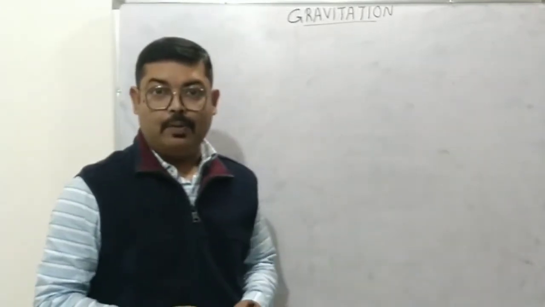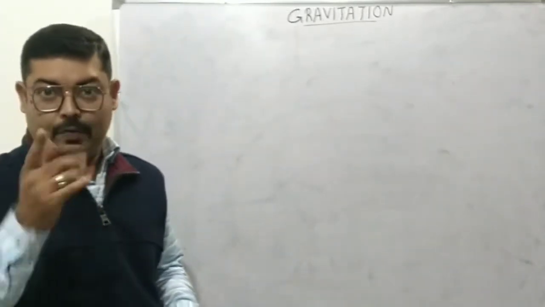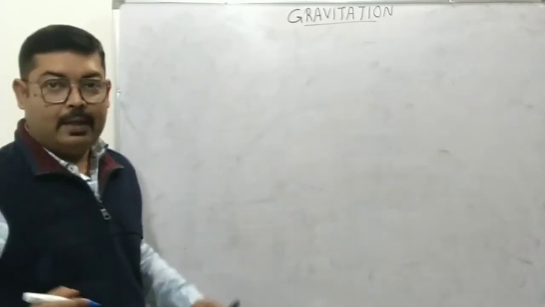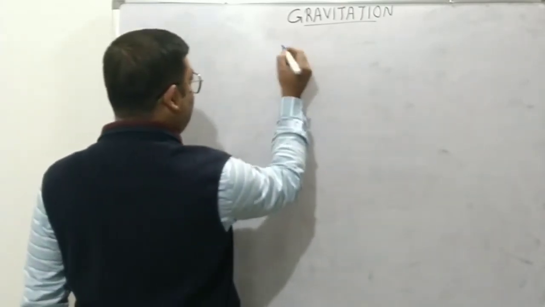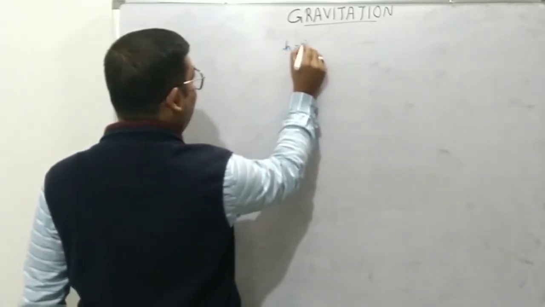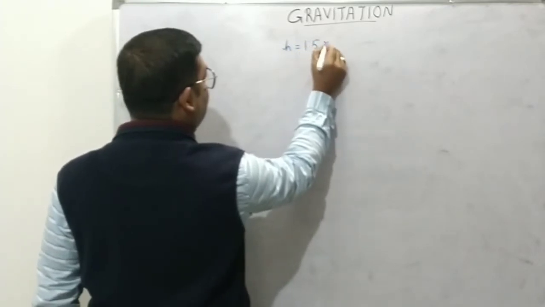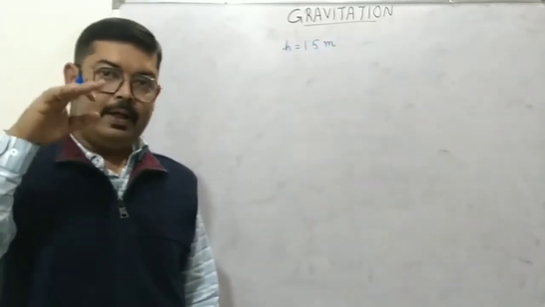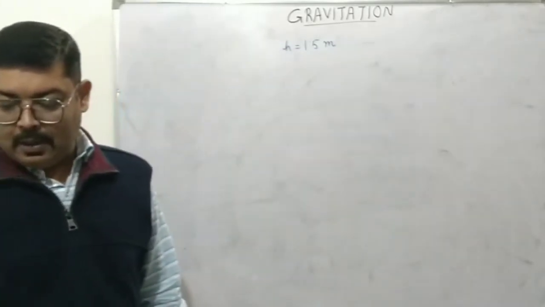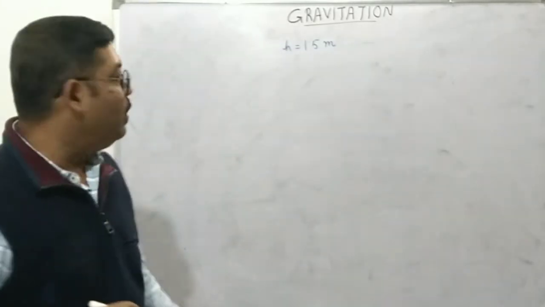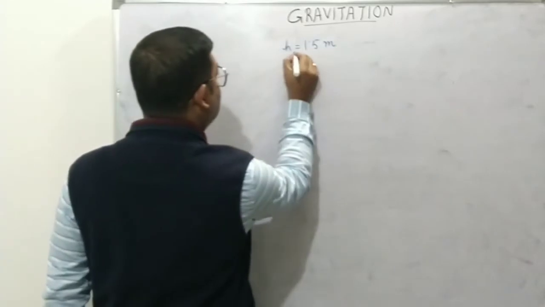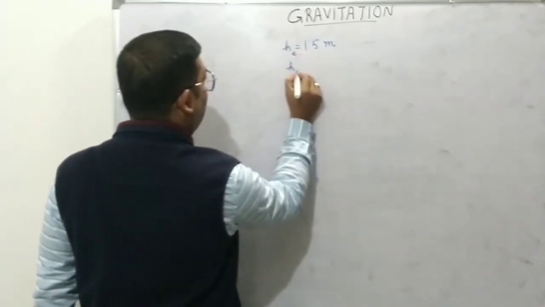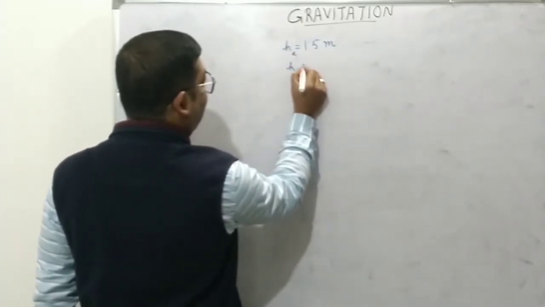Now, for the second problem that I had given, a man can jump to a maximum height h of 1.5 meter on the surface of Earth. From the surface of Earth, he can jump up to 1.5 meter. How high will he be able to jump in a different planet?